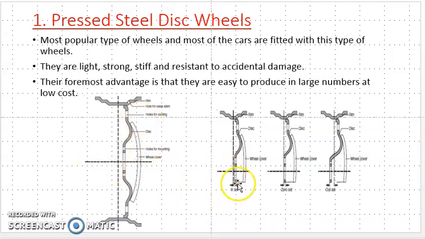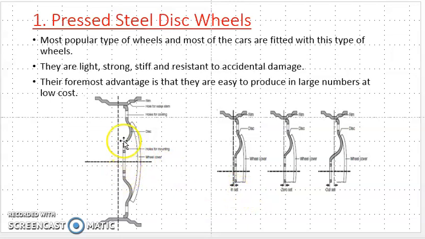And here three types of designs are possible where this disc line is near to the center line, then it is called inset.